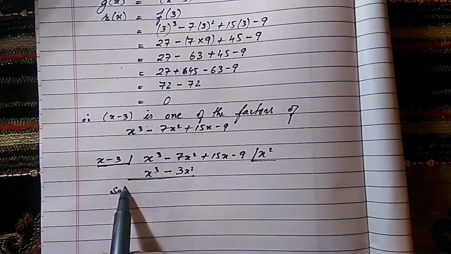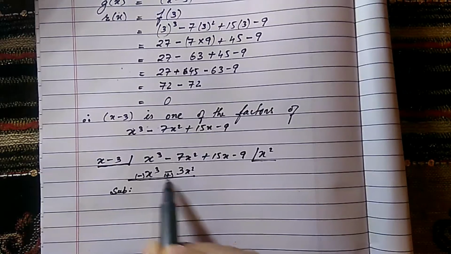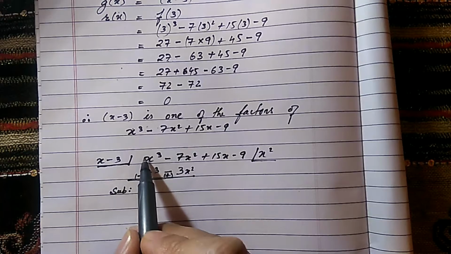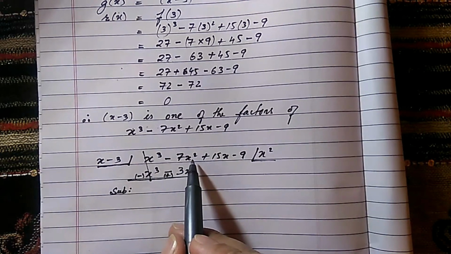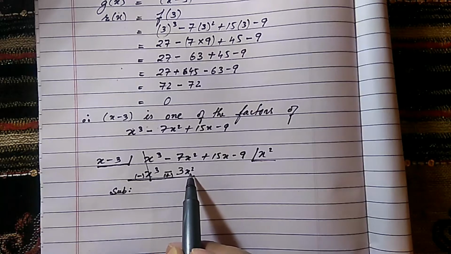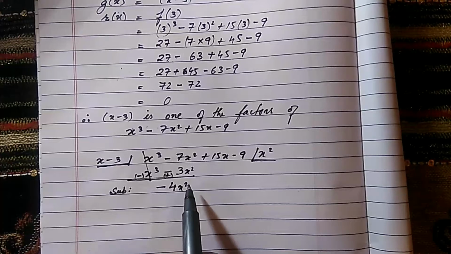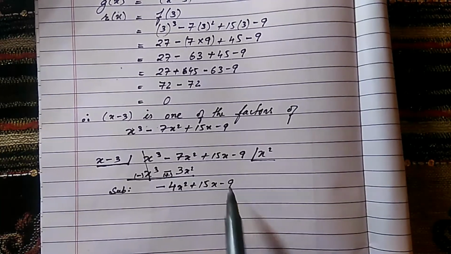Now we subtract. When we subtract, we change the sign. So this positive x cube and negative x cube get cancelled, and we have negative 7x square and positive 3x square. The result will be negative 4x square. Then we bring down the remaining terms, 15x minus 9.